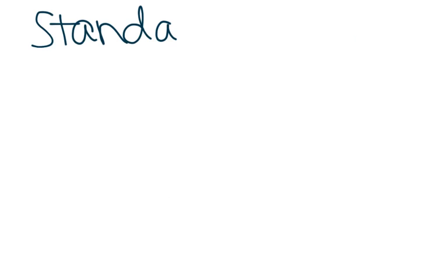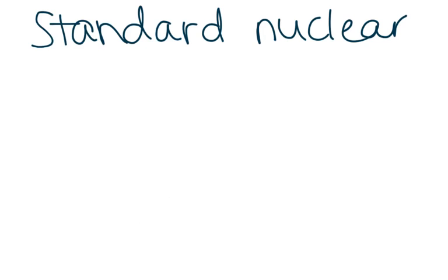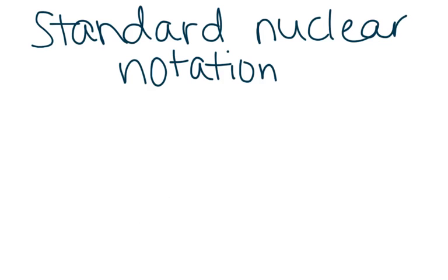So we're going to learn how to write something called standard nuclear notation. And this represents the element that we're talking about along with the number of protons and the number of neutrons. So the general form is we use the element symbol, which we're just going to put as X right now.